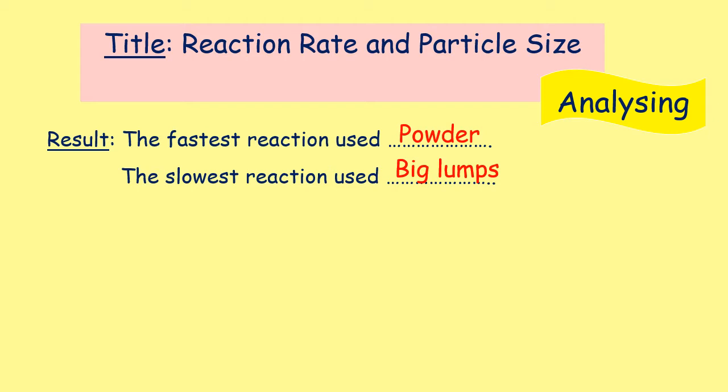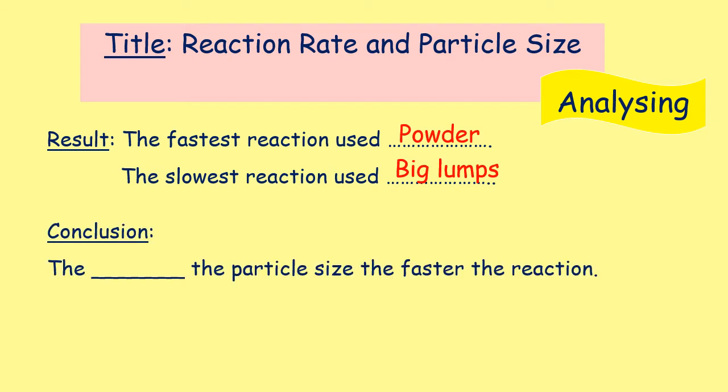The conclusion from this is relating the particle size to the speed of the reaction. Powder is a lot smaller than big lumps, and so the smaller the particle size, the faster the reaction. That conclusion is what you need to know.